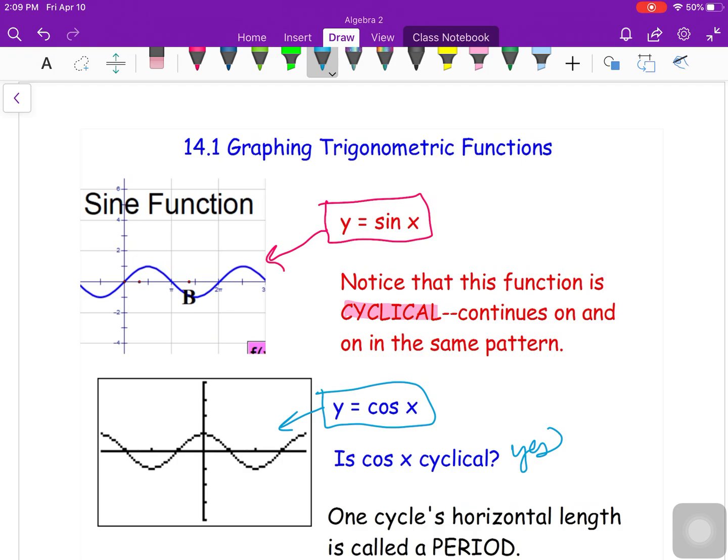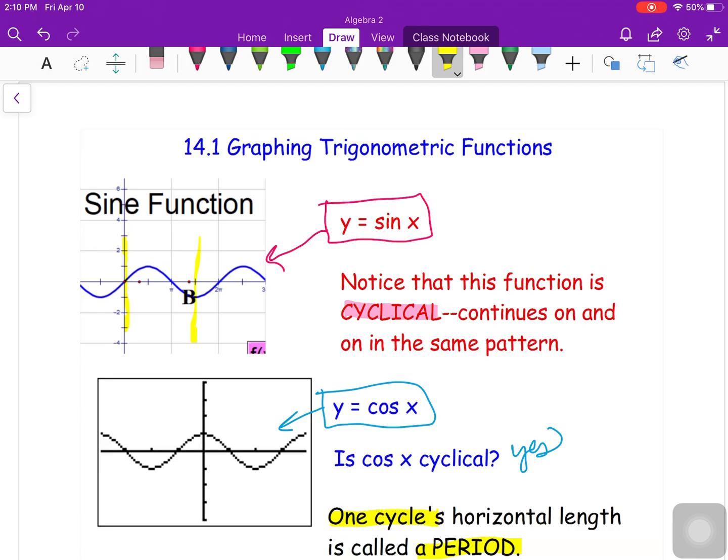So since both sine and cosine are cyclical, we call one cycle of those functions a period. So up here in sine, we're going to look at one cycle. Where does the pattern repeat itself? So we're going to look from this spot to this spot.